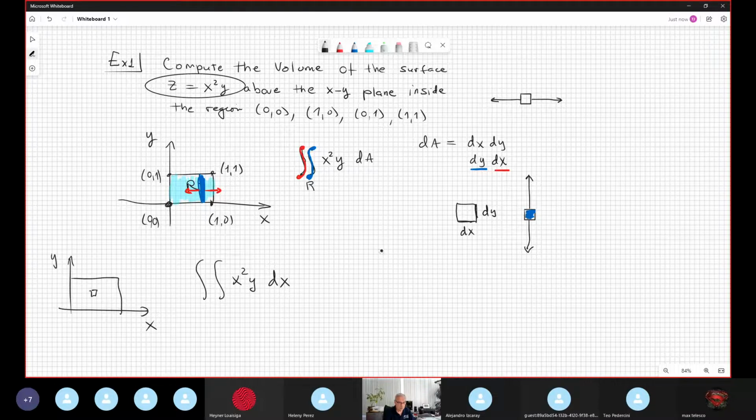This elementary rectangle I do in this direction, and after that integrate with respect to dy. So the limits are clear. It's from 0 to 1. Look, this is 0, this is 1. And y, when you open the window, is also from 0 to 1, no?